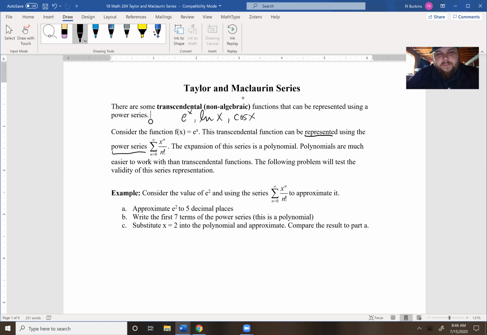And if you start expanding the series or writing out the first few terms, it is nothing more than a polynomial. And that's really great because polynomials are really easy to work with. Right? Derivatives, integrals, all very easy for things that are x to the 5th or x to the 1/2, things like that.